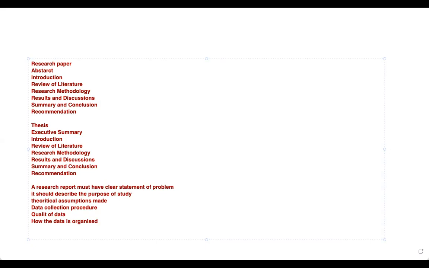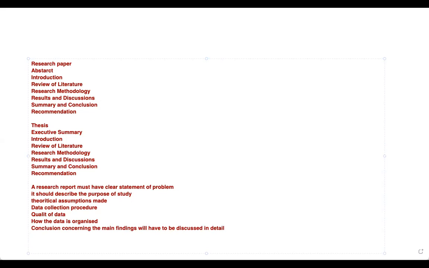And also the conclusion concerning the main findings will have to be discussed in detail.